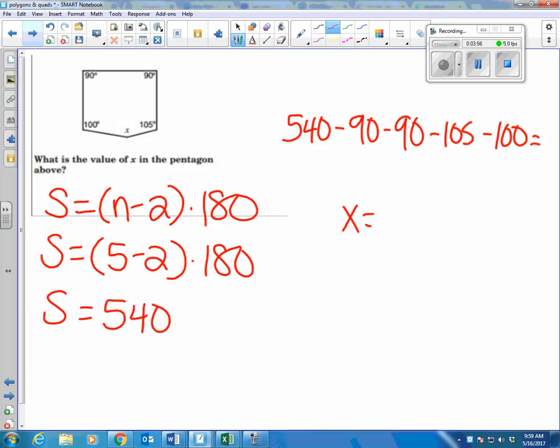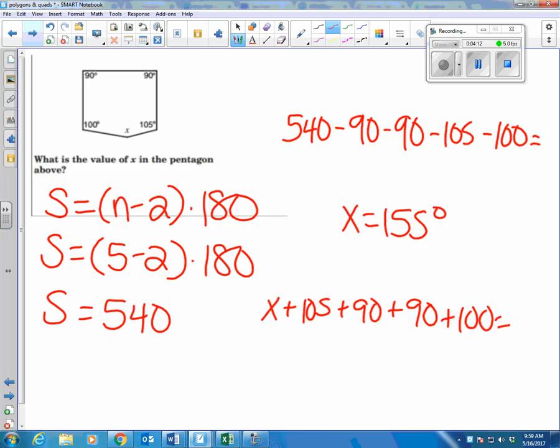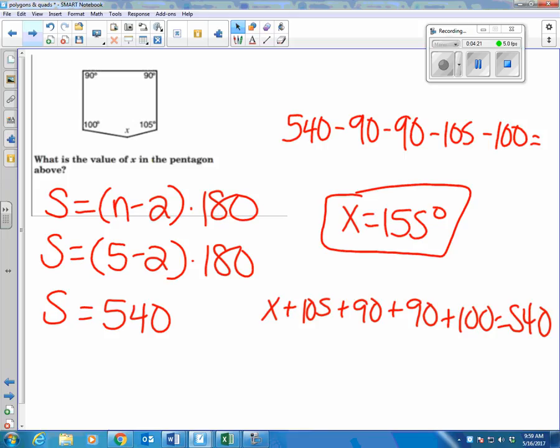So x is equal to 155 degrees. If you like equations better, you could set it up like x plus 105 plus 90 plus 90 plus 100 equals 540. And if you solve for x, you would still get the same thing, 155. Okay? So x is 155 degrees.